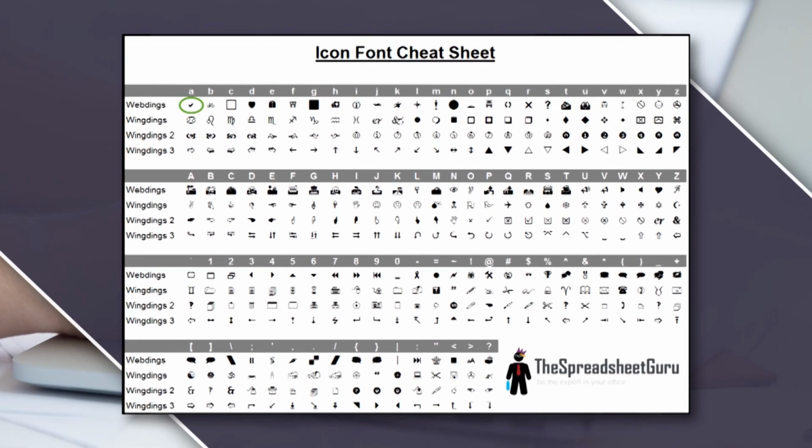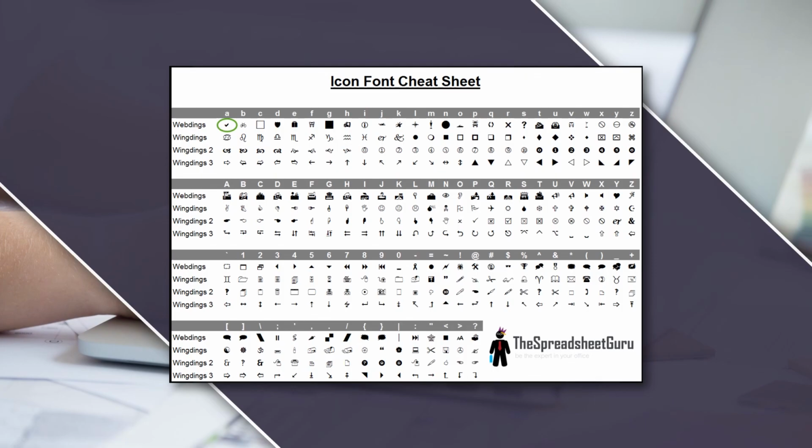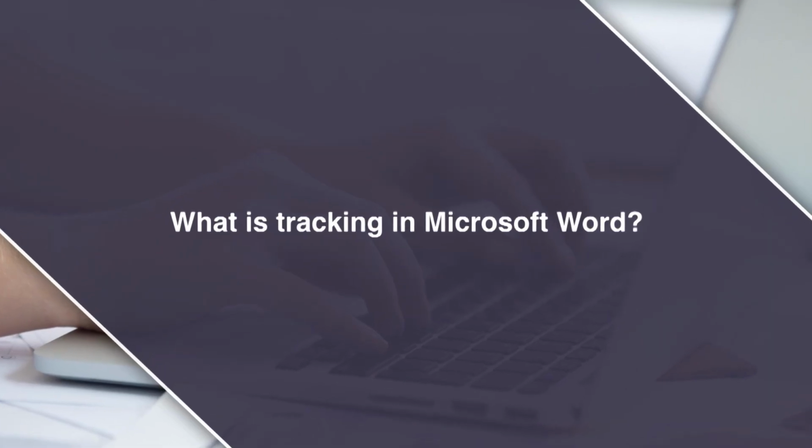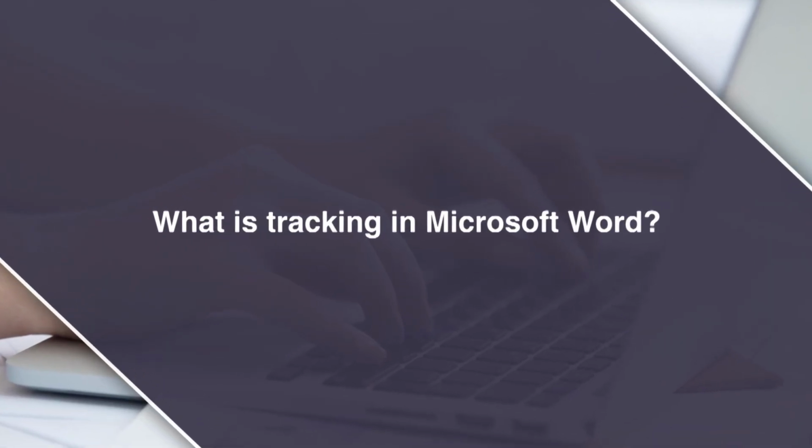Now, since we have talked about mail merge, the next topic is tracking, which is very important, because when we write a text and it goes to different hands, they can either take a print and make the correction physically, or they can make the amendments and changes in that particular file at the same time.